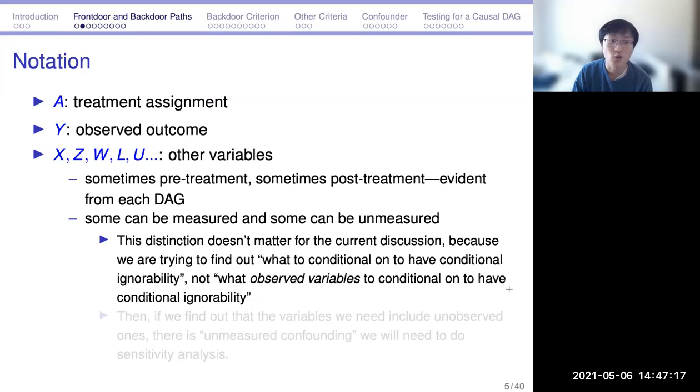What we're trying to find out is what variables to condition on to have conditional ignorability. We're not looking for what observed variables to condition on.